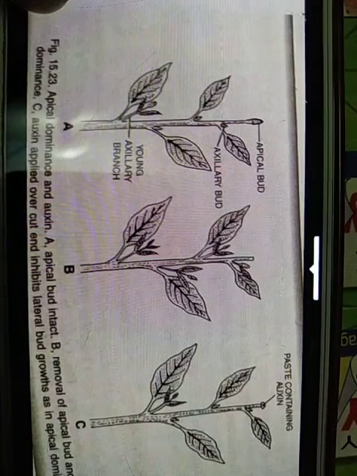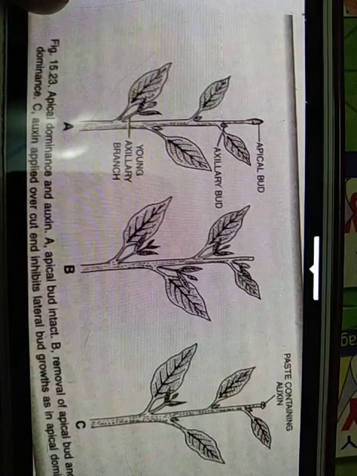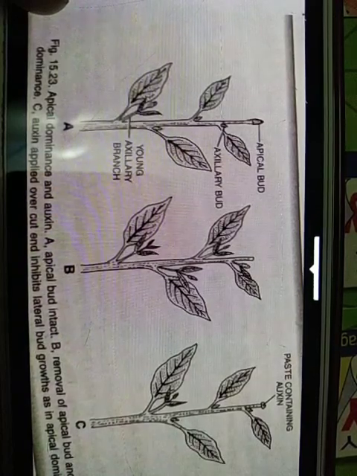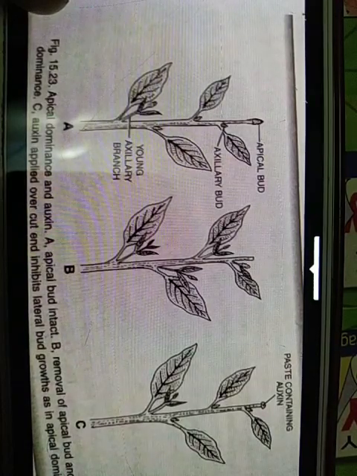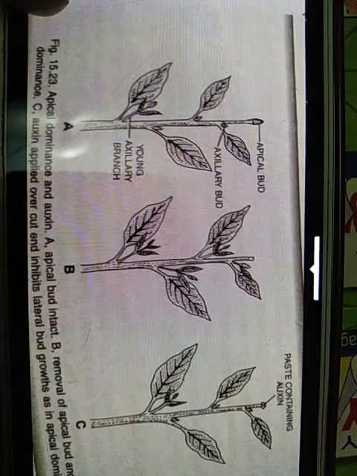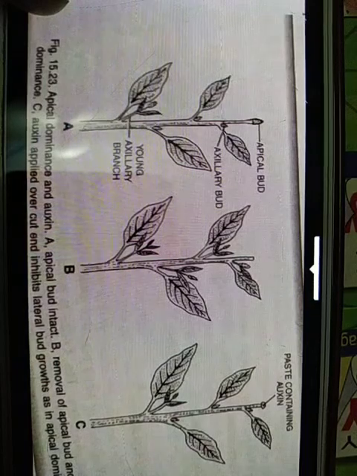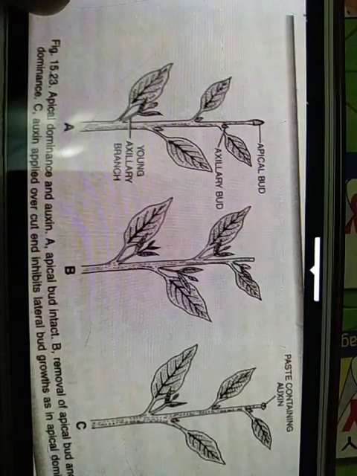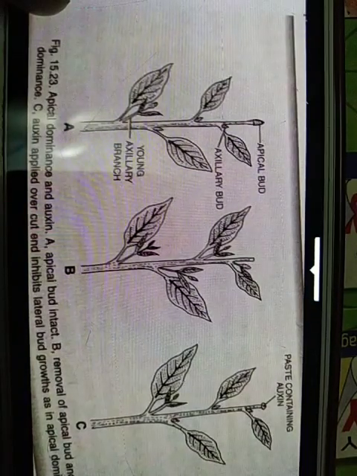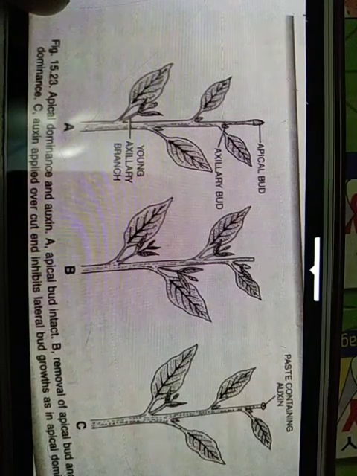Uses of auxin. Rooting. Auxin stimulates root formation on stem cuttings, for example indole butyric acid, indole butyric acid anilide, and the next we have naphthalene acetic acid. Okay, next we have parthenocarpy.